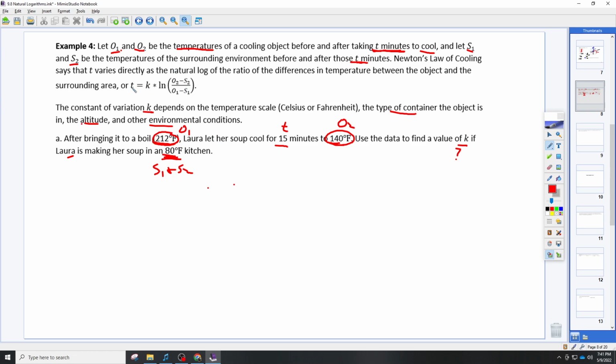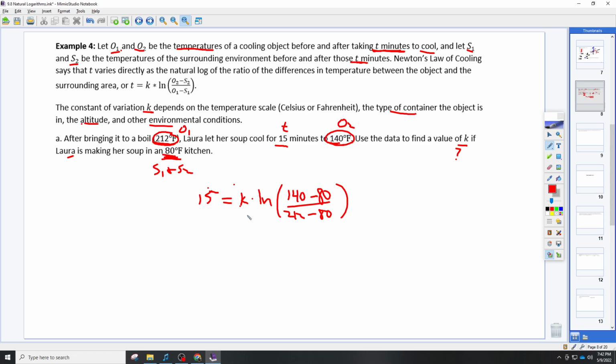Okay, I think we're ready to set it up now. So we have T, which is 15, equals K, we don't know, times ln. Big thing. What's O2? That was 140, minus S sub 2, which we know is 80, all over. What did it start at? 212 minus 80 as well.